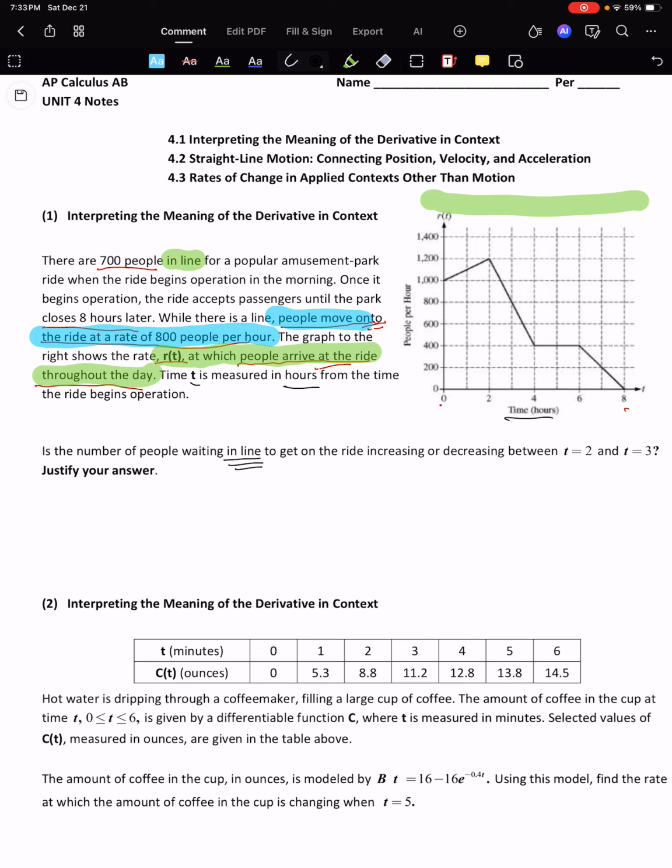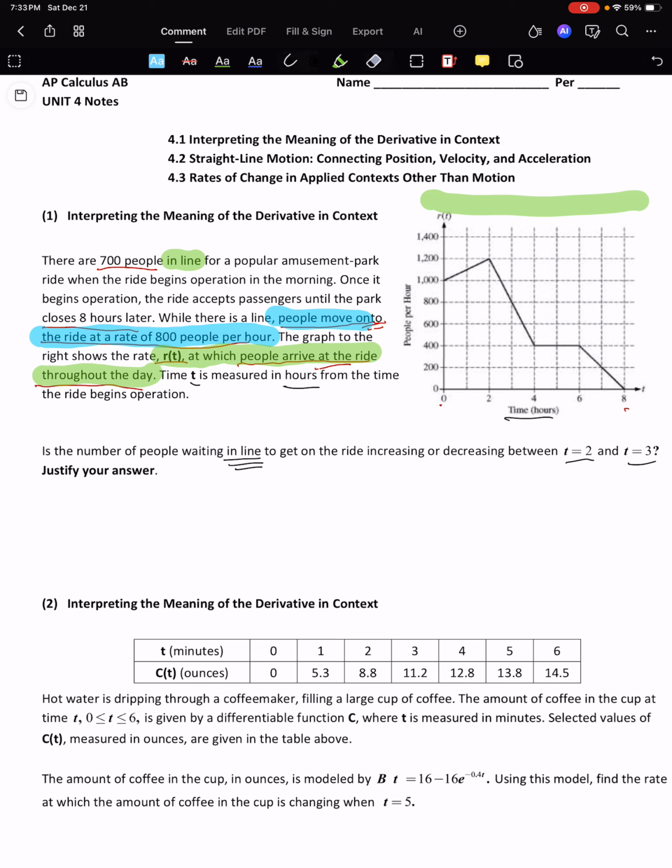They're asking whether the number of people waiting in line to get on the ride is increasing or decreasing between time equals 2 and 3. So the main challenge here is really just evading the wordy, confusing way they portray the problem. Because if you can understand what the question is asking, these questions become super easy and you solve them lightning fast.